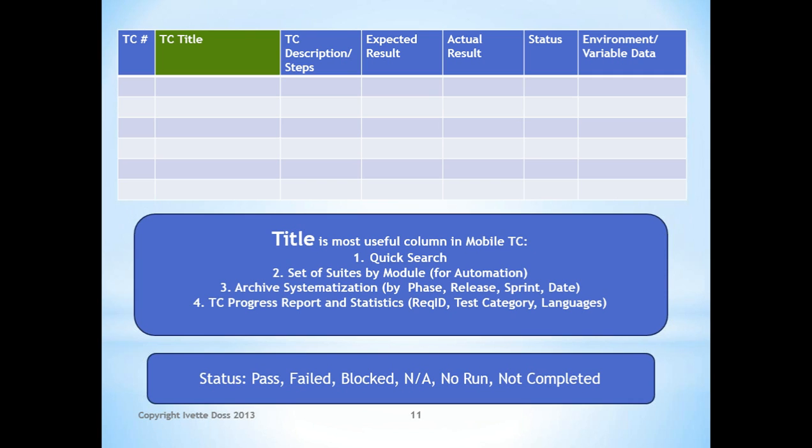The same thing could be a situation with not completed. Think about some test cases that should be performed on multiple browsers, or if we come back to web application things, should be performed using different operating systems, like iPhone and Android.